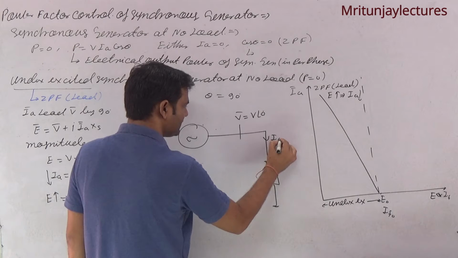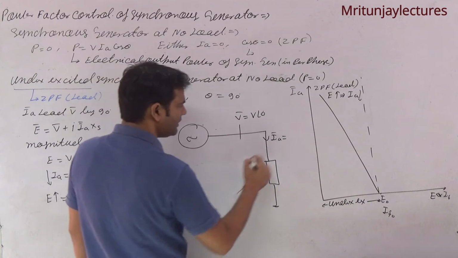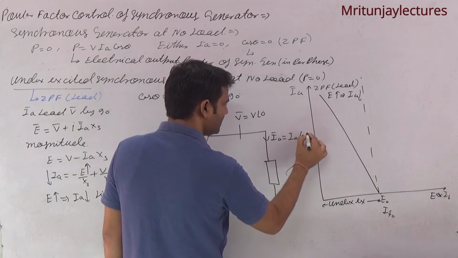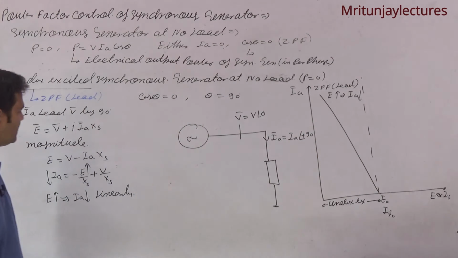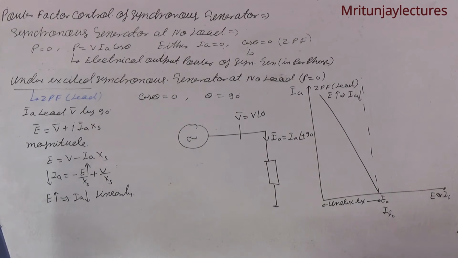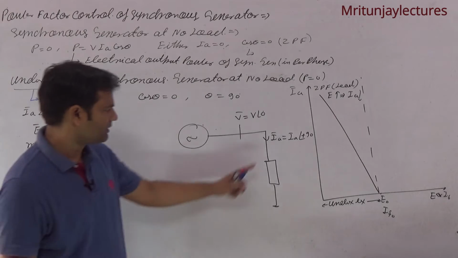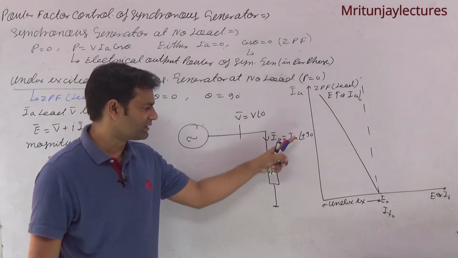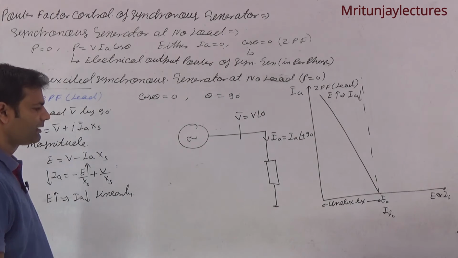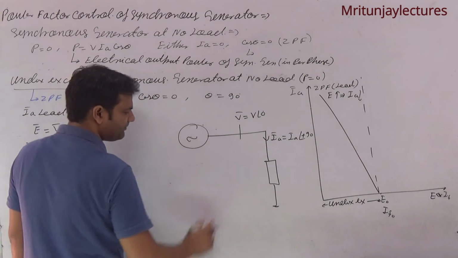What about I A? Corresponding to this, I A at the angle plus 90. I A lead, okay, I A lead V by how much angle? 90. That's why I represent here. It behaves as a capacitor.